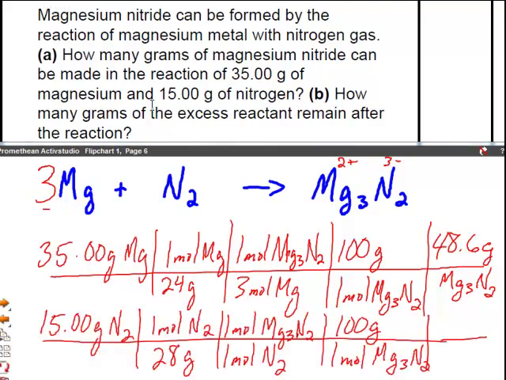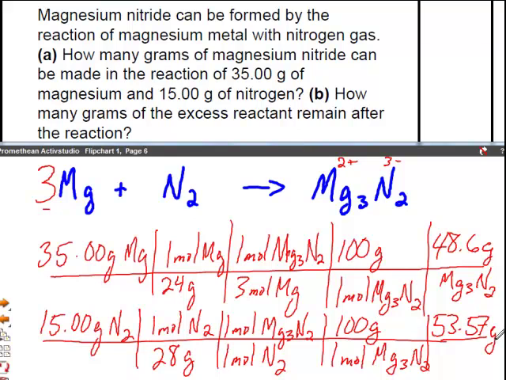Okay, and there's a setup for that problem where we have grams of nitrogen converted to moles of nitrogen, then converted to moles of Mg3N2, and then finally converted to grams of Mg3N2. And the mass we get there is 53.57 grams.